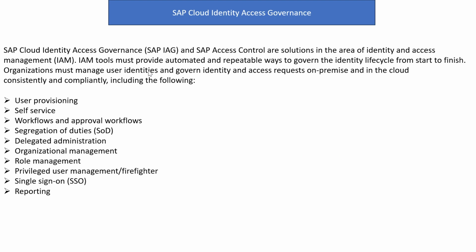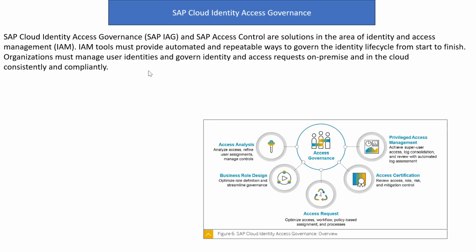Okay. So now, what is SAP Cloud Identity Access Governance? Earlier we had SAP GRC Access Control, and along with that we also had SAP Identity Management. So Access Control can take care of functionalities like provisioning the identity, authenticating the identity, and everything.